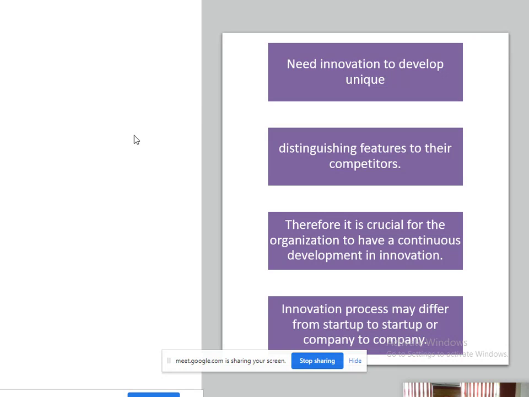That means we have one organization and other organizations, and the innovation process will vary. It shouldn't be the same thing managed by every company. It might be different.